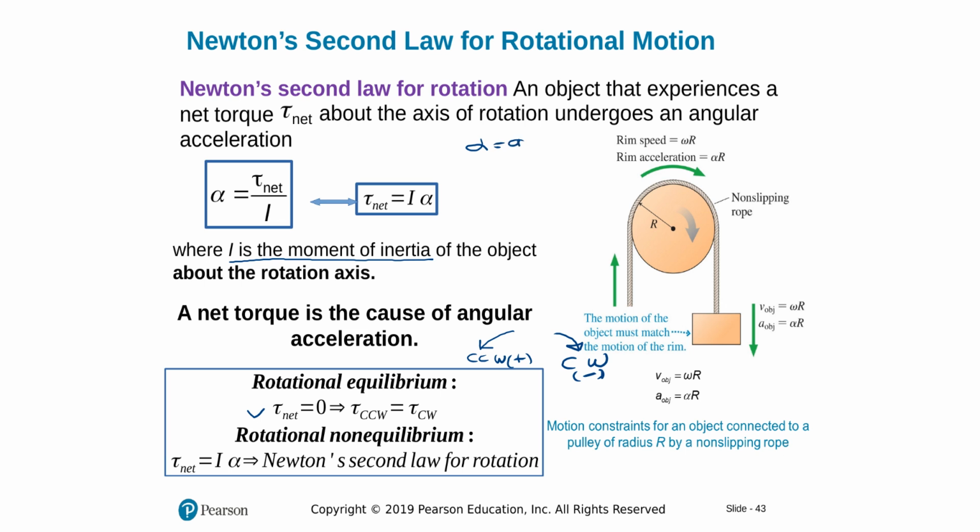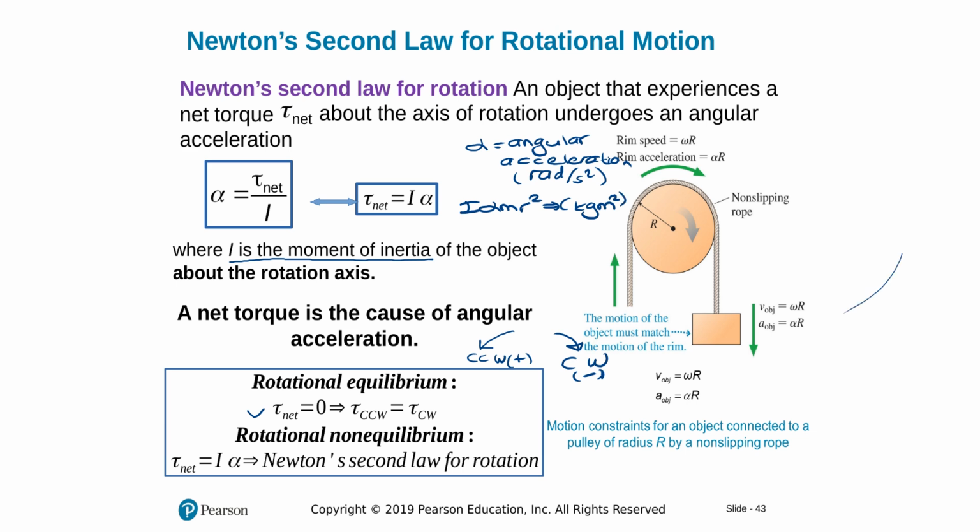Alpha is angular acceleration, and the unit of alpha will be rad per second squared, and I is moment of inertia. I is going to be given for us as an equation or a number, but is generally directly proportional to mass times the radius squared, and its unit will be kilogram times meter squared.